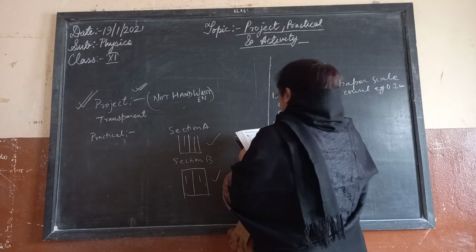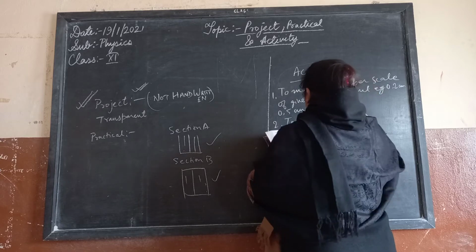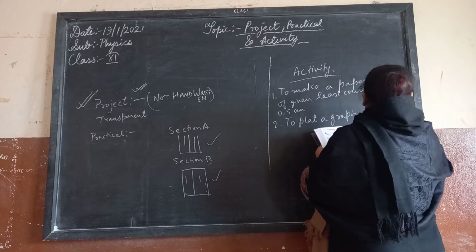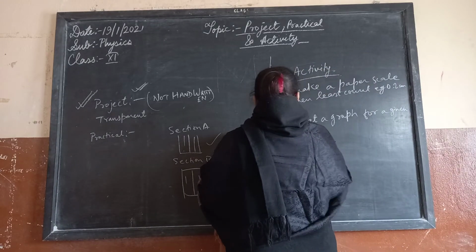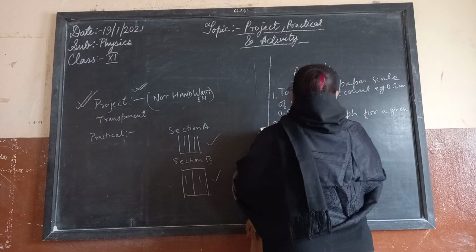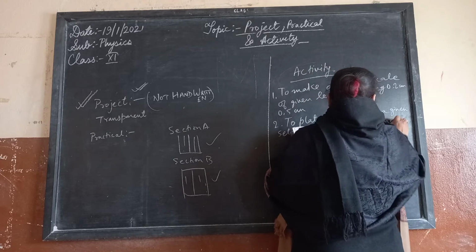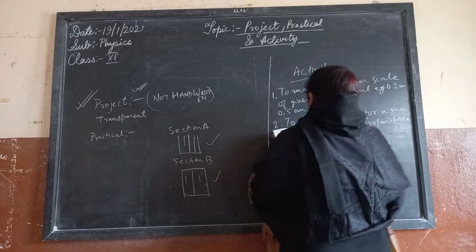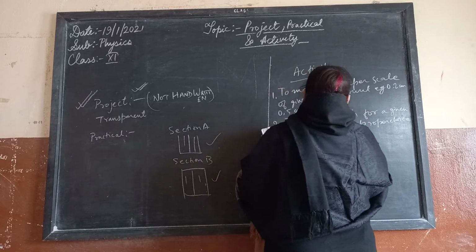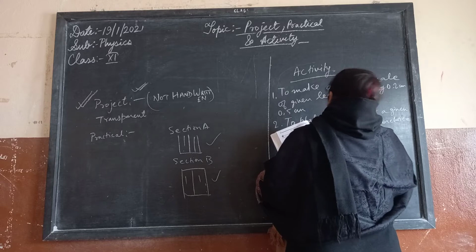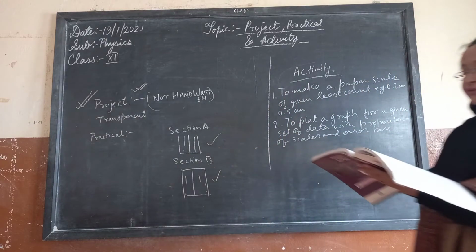This is in section A: to plot a graph for a given set of data with proper choice of scales and error bars.